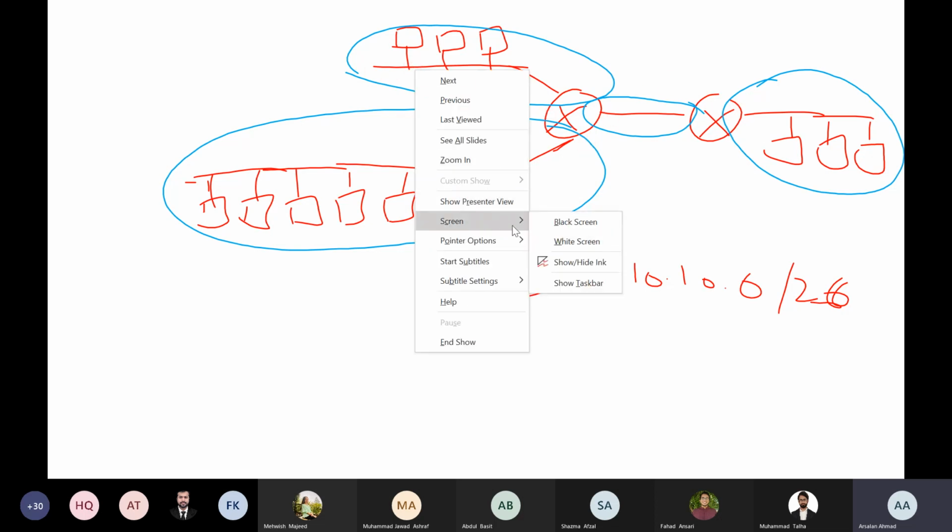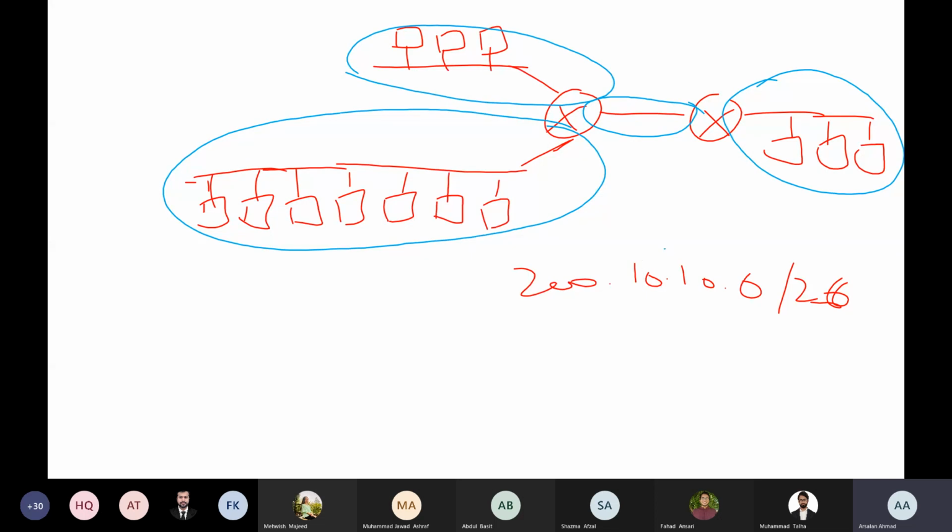So the requirement is, let's calculate the requirement. Let's call it subnet 1, let's call it subnet 2, let's call this one subnet 3. Okay, S3 and S2 and S1 and S4. So first we calculate the requirement. Because in our slide example the requirement was given. In this example the requirement is not given.